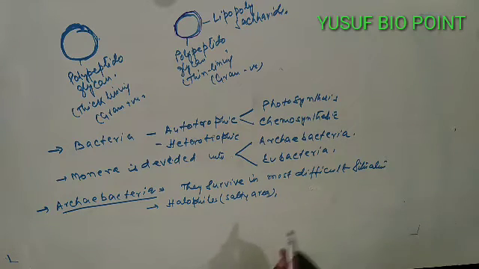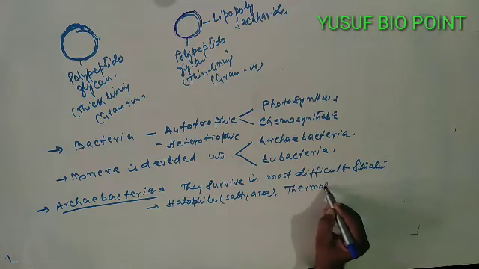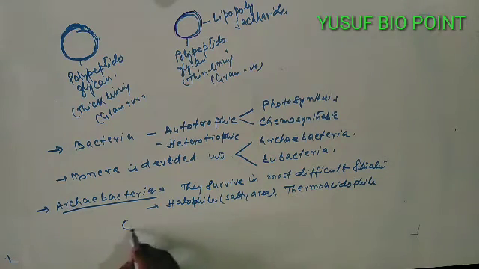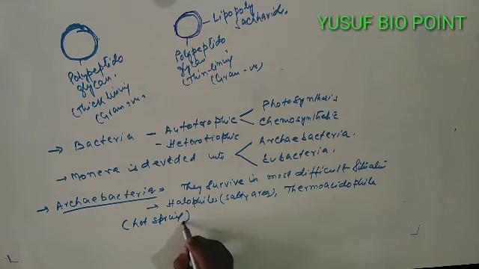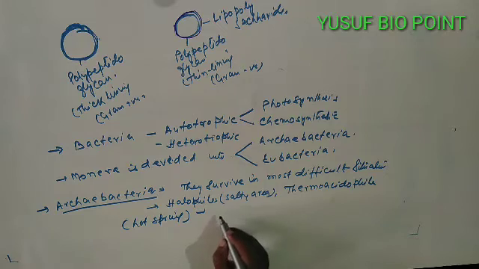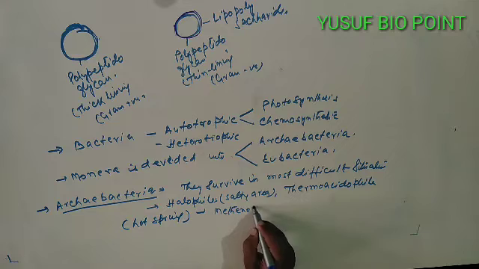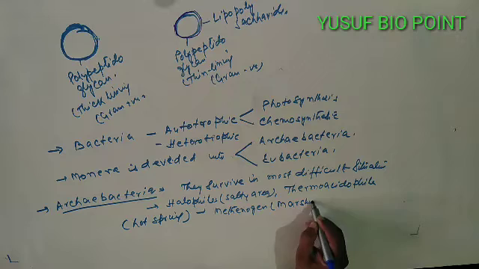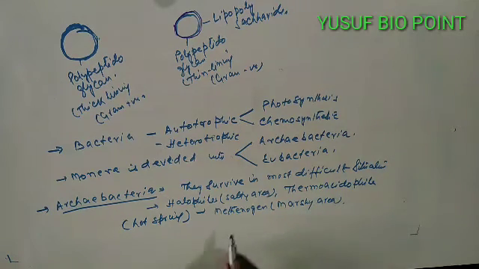Some are found in hot springs, they are called thermoacidophiles. Some are found in marshy areas, that is methanogens.